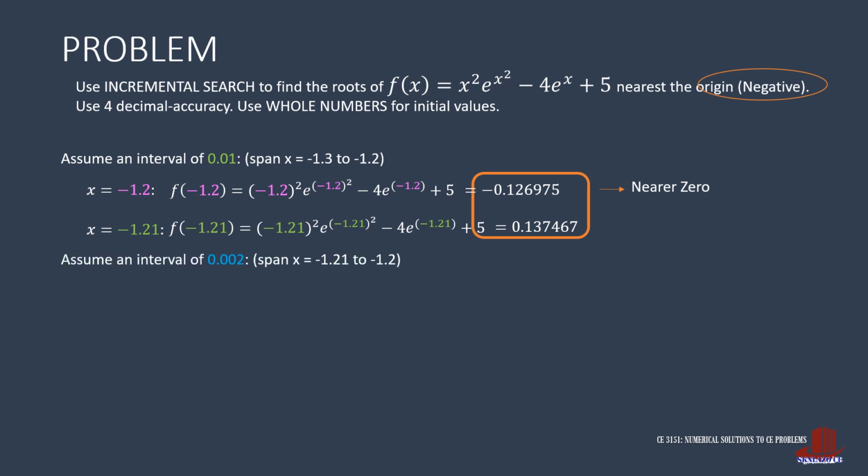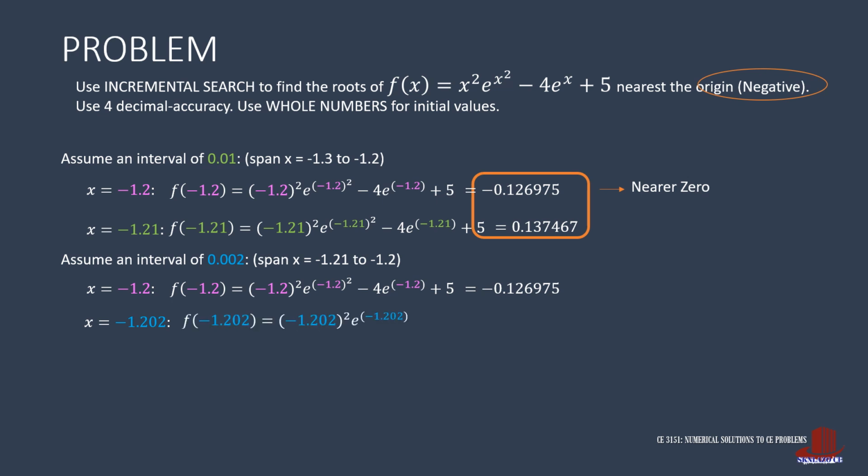With the current span between negative 1.21 and negative 1.2 and using negative 1.2 as reference, we use increments of 0.002. With negative 1.202, the function then is negative 1.202 squared times e raised to negative 1.202 squared, minus 4e raised to negative 1.202, plus 5, resulting to negative 0.074956.